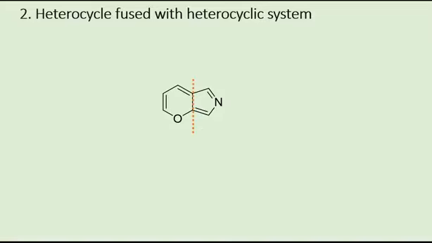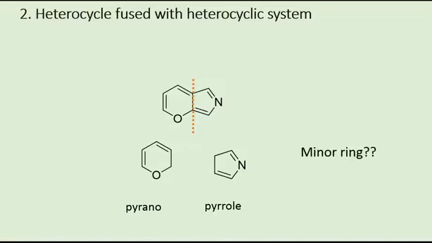So we follow our regular procedure. So we split the ring into two across the bond. So we get obviously two rings. One is a pyrano ring, then the pyrrole ring is there. Now the problem comes. So which is the minor ring and which is the major ring? For which we have certain rules and regulations. That is what we call a priority order of component ring system.